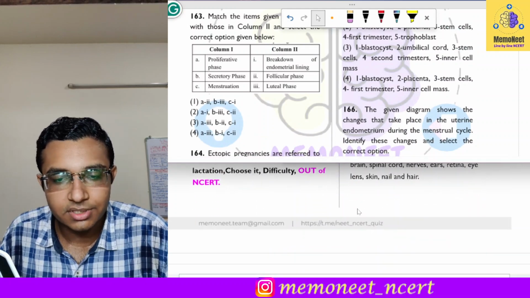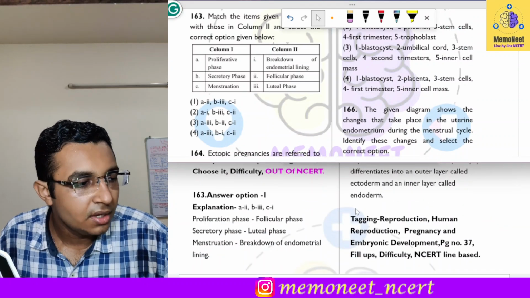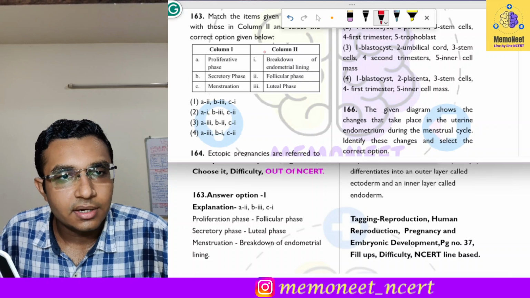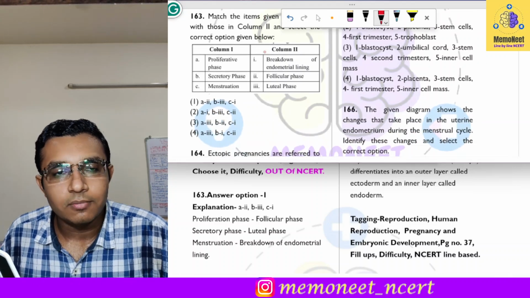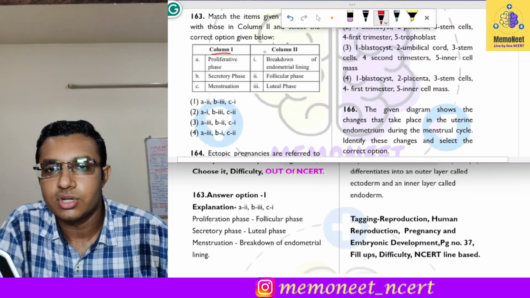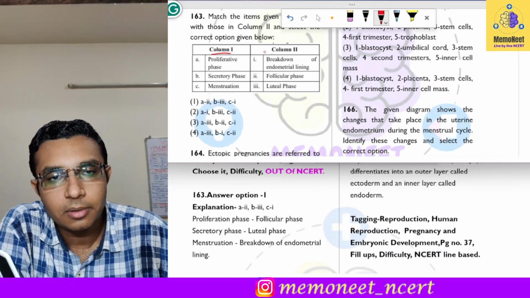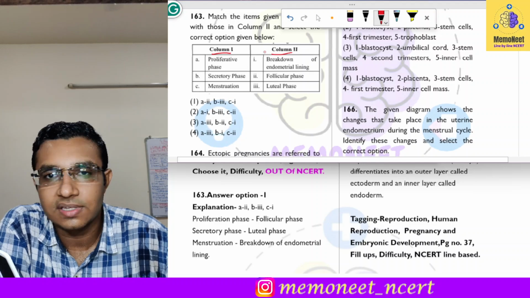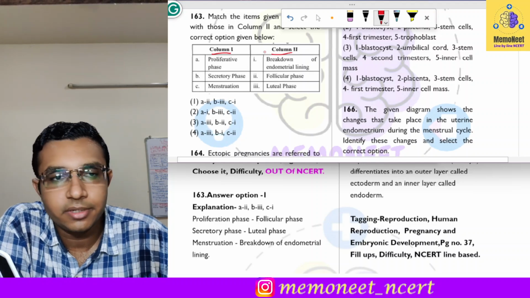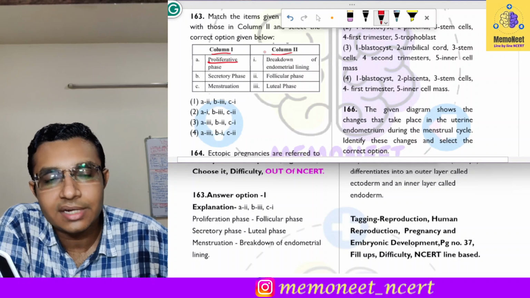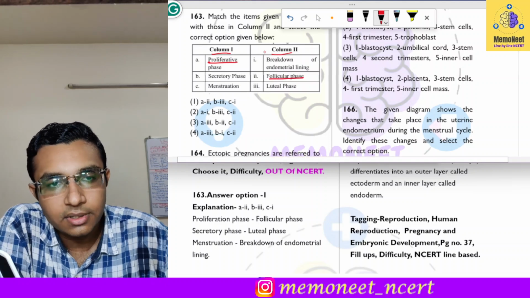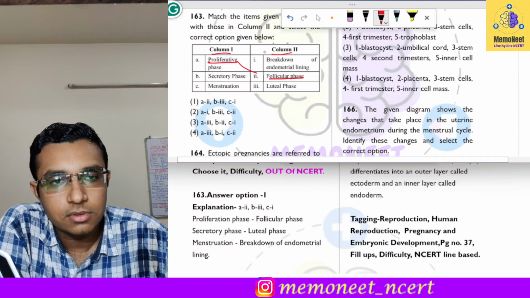Now the next question is question number 163. It is a match the following type of question, and in column 1 there are several phases of menstruation given, and in column 2 the processes which occur during those phases is given. So let us match them. The first is the proliferative phase. Now what is the proliferative phase? It is also called as the follicular phase, so A goes with 2.